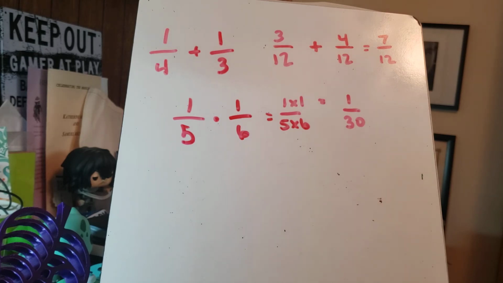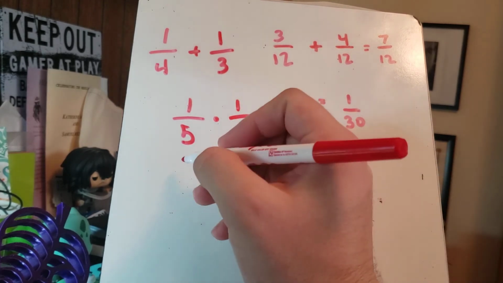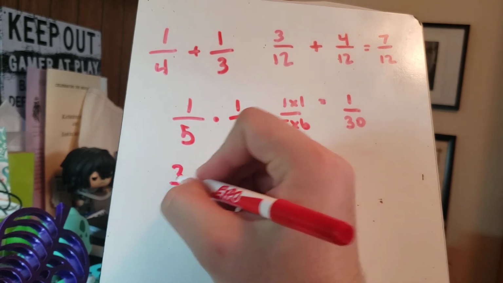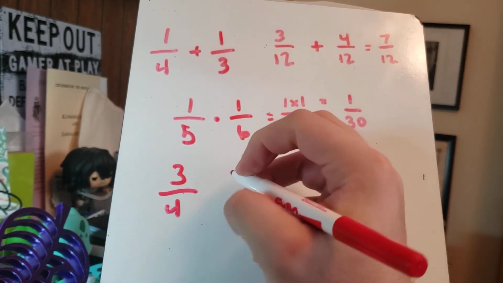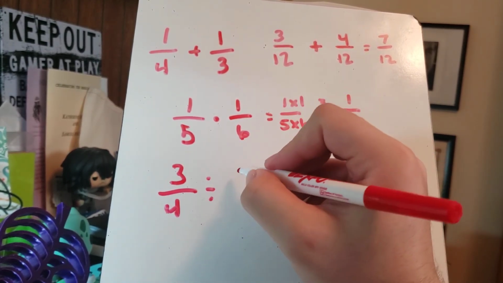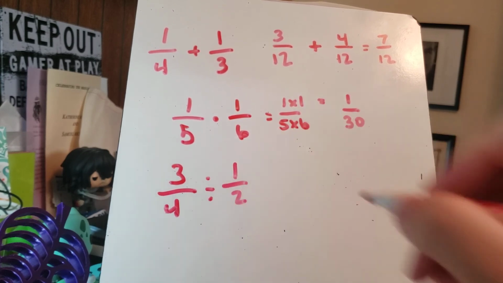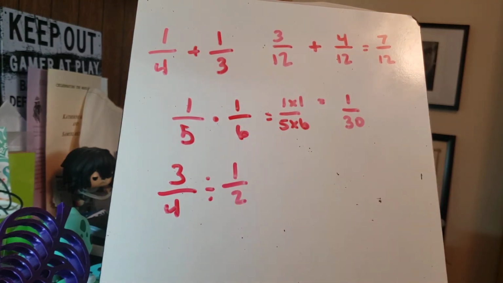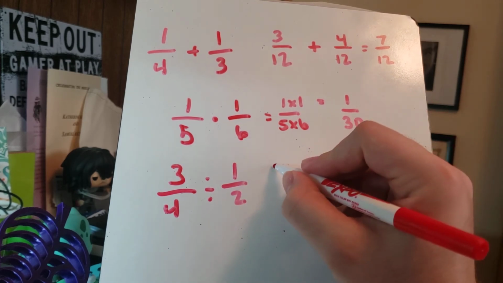For division, however, it is a little different. Let's try this. For division, we've got 3/4, and we're going to divide it by 1/2. When you divide two fractions, you have to flip the second fraction. How do we do that? Well, we're going to rewrite our problem.